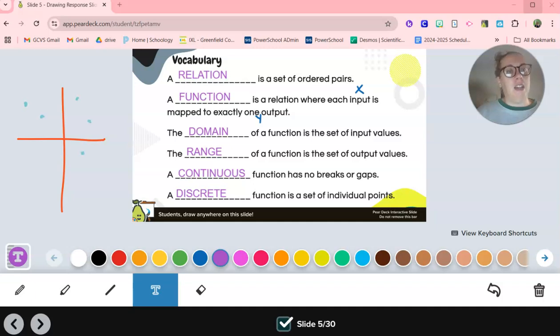There's no line connecting them, but it's just discrete points. Versus a continuous function has flow, right? Maybe there's flow, like something like this. There's no holes, there's no gaps, it's just this line of flow. Okay.